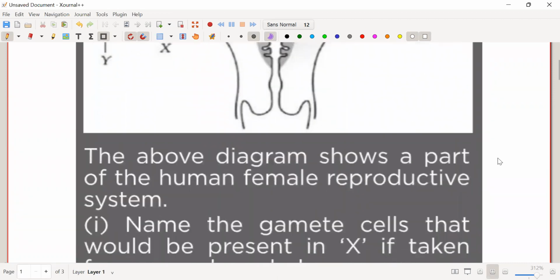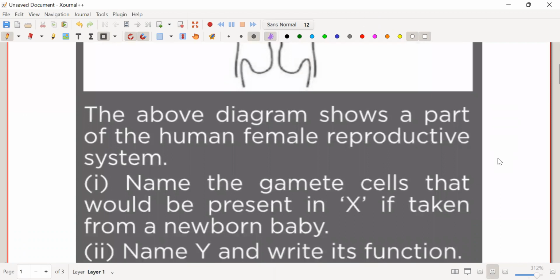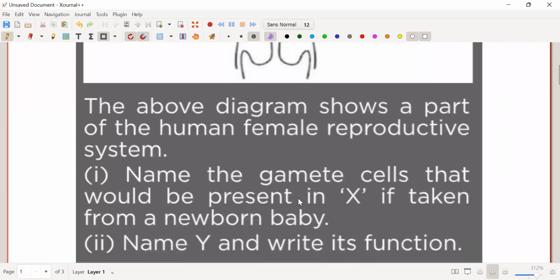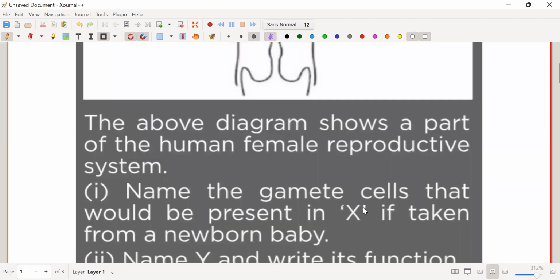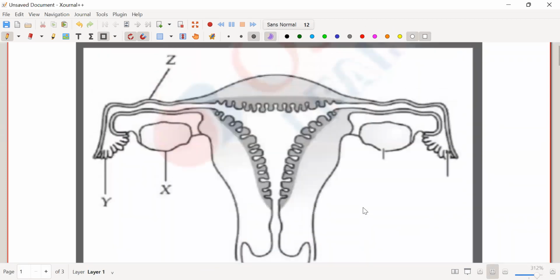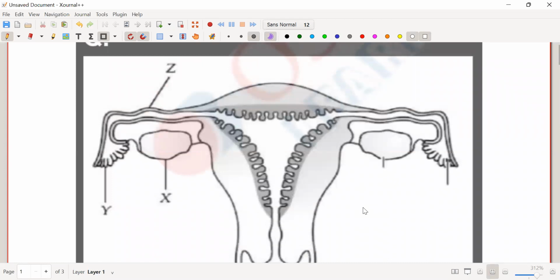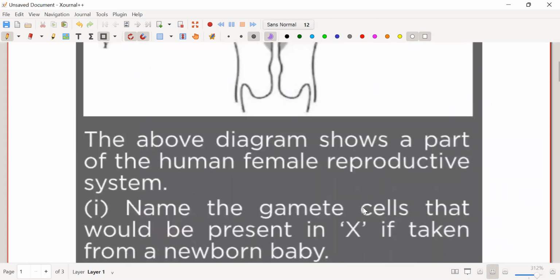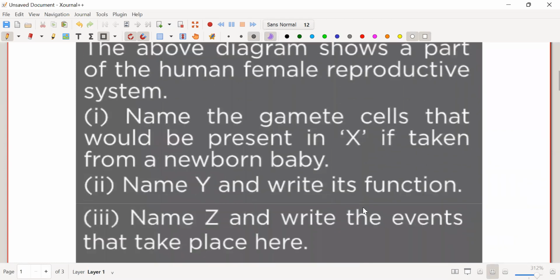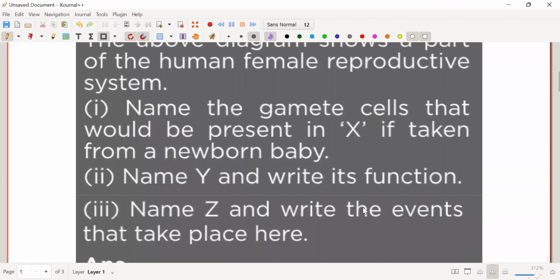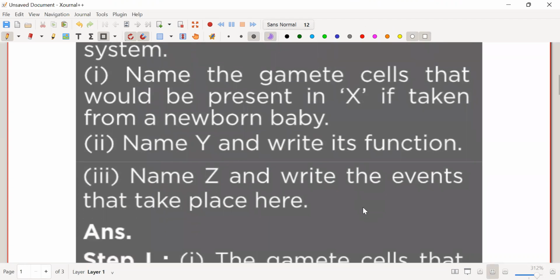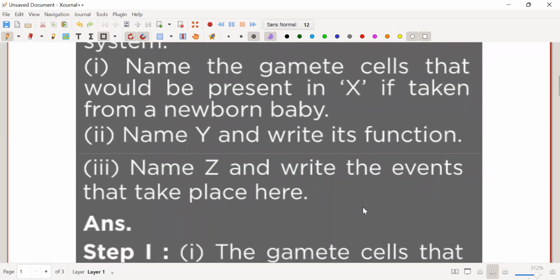The question should be like: name the gamete cell that would be present in X if taken from a newborn baby. Next, name Y and write its function. Name Z and write the events that take place here.